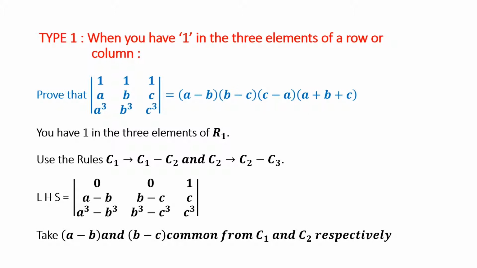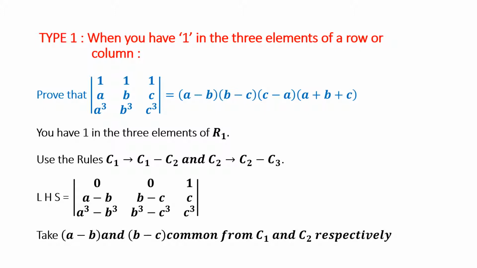So, what does it mean? From each C1 element, you should subtract the corresponding C2 element. Similarly, from each C2 element, you have to subtract the corresponding C3 element. The C3 element will not change because we are not doing any operation to change it. So, now your LHS will become, after you perform these 2 operations, 0, 0, 1 first row, A minus B, B minus C, C second row, A cube minus B cube, B cube minus C cube, C cube third row.